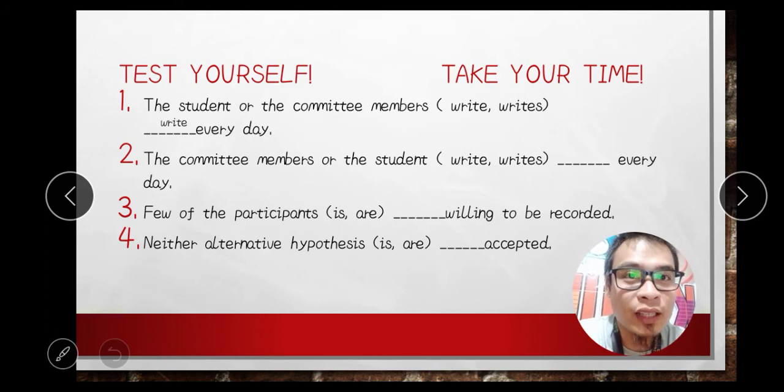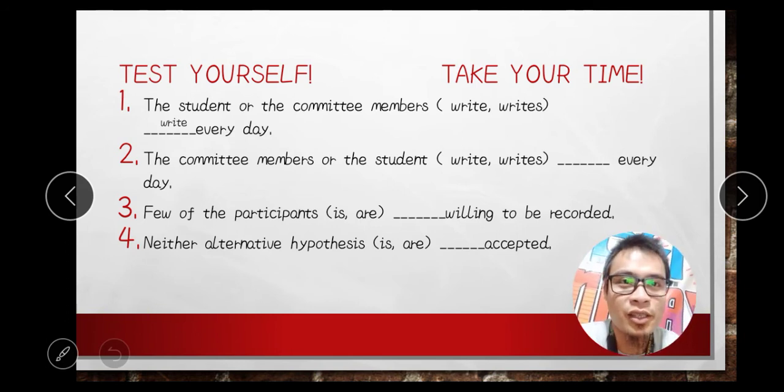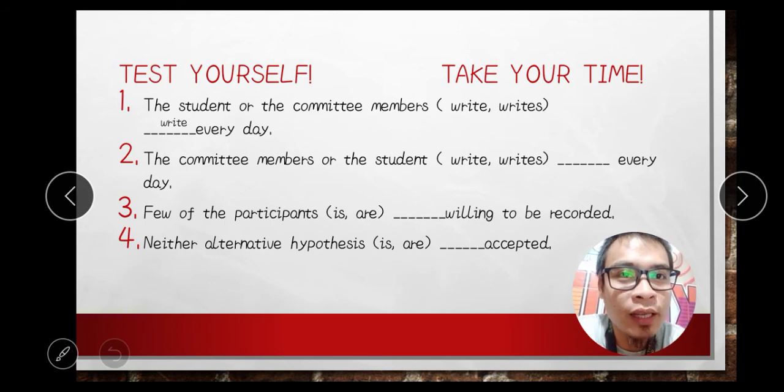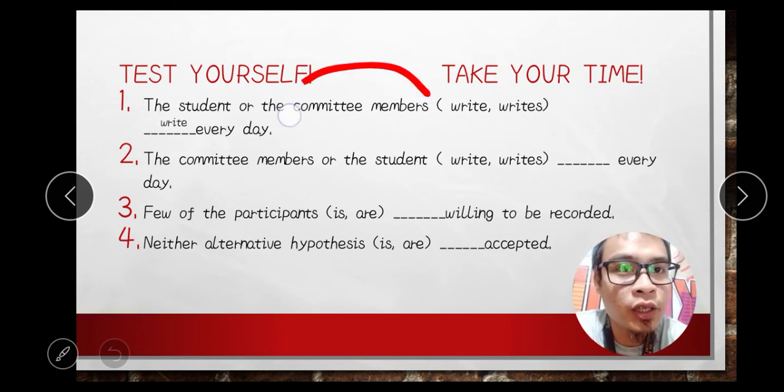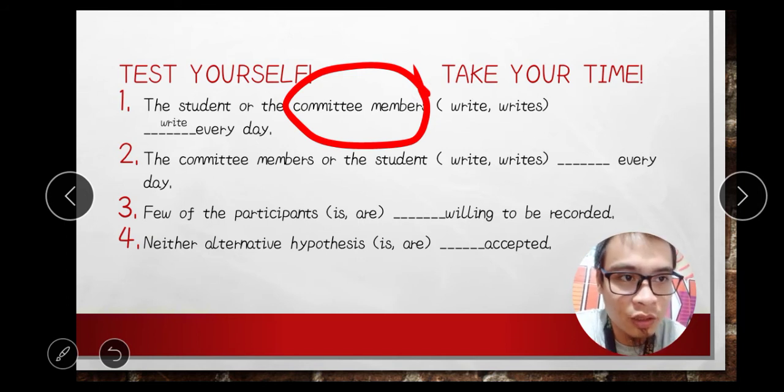Why is it right? The most important thing is to identify first the subject so that we can identify also which verb we are going to use in the sentence. The student or the committee members. In here, committee members is the subject of our sentence.